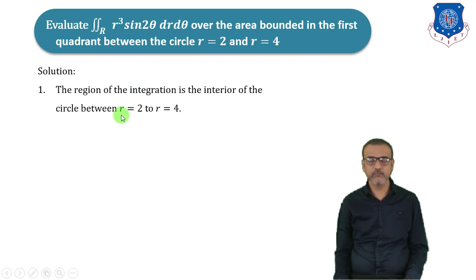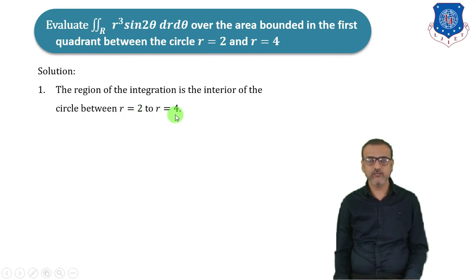If you replace r by the square root of x square plus y square and then square both sides, you will get x square plus y square equals 4.